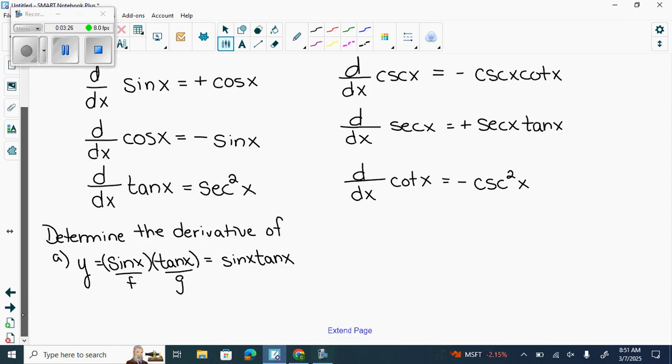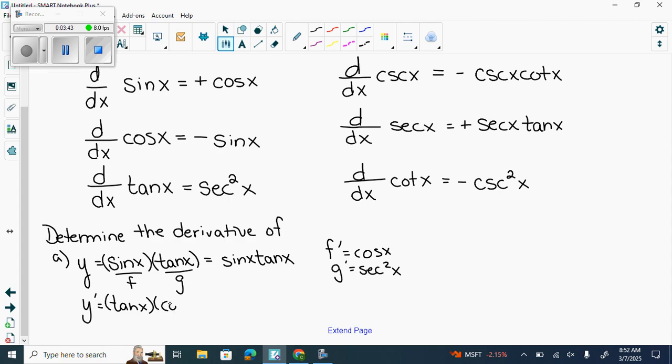We have F prime is cos x. G prime is secant squared x. So y prime equals g f prime plus f g prime.